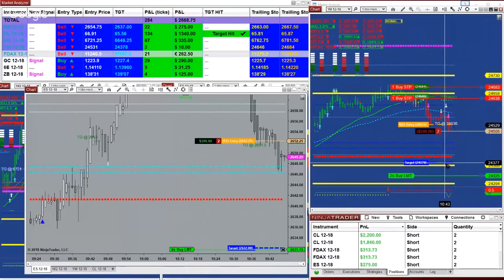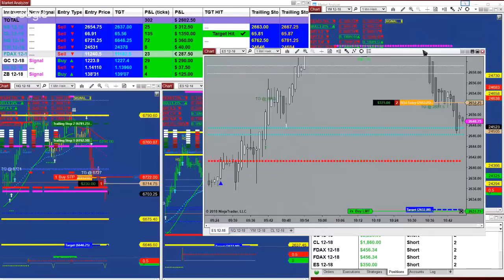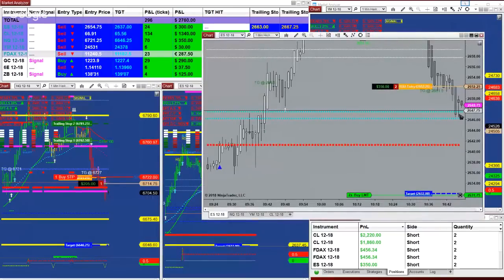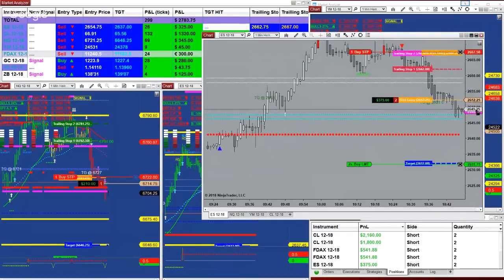Target not much, 4377. So now we are all waiting on this ES breakdown. If this ES breaks that area here, this Nasdaq is going to drop like a yo-yo. So all the eyes on the ES, folks. All the eyes on the ES right now. And this is a double support area, a critical area.